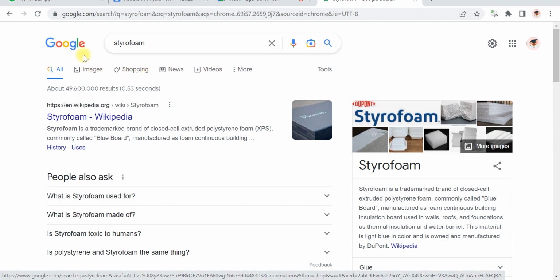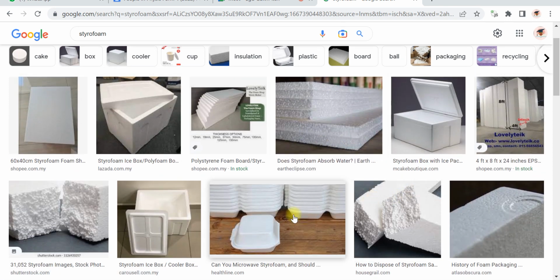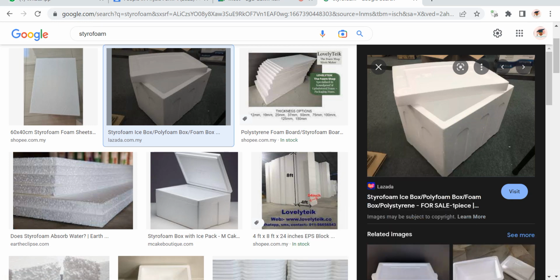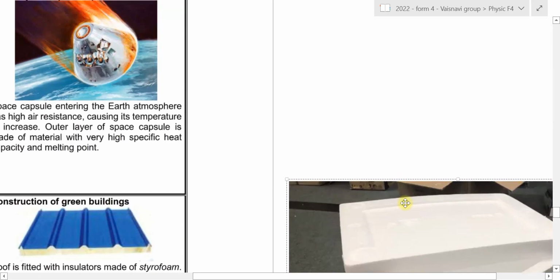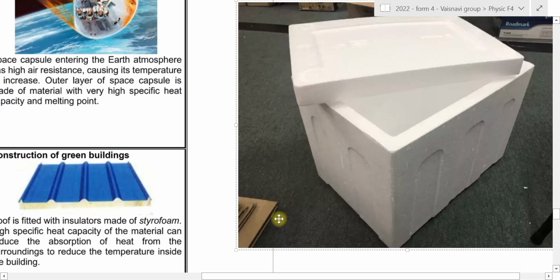Dalam tu dia ada macam kapas, strong polystyrene, right? Macam tu lah styrofoam. Macam polystyrene lah, kita cakap. Polystyrene dengan styrofoam is almost the same. There, this is a styrofoam.